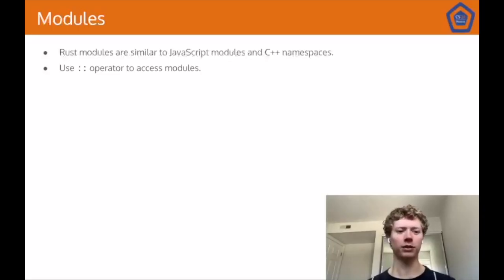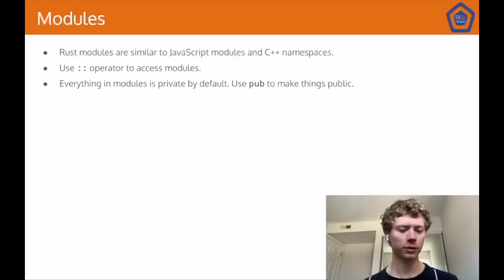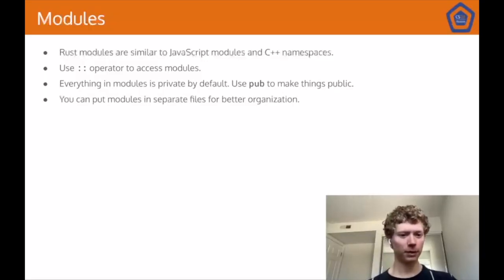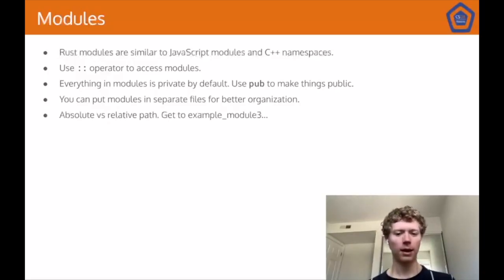And just like C++, you use the colon colon operator to access modules. Everything in modules is private by default, so you have to use the pub keyword to make things public. I think you're probably familiar with this. You can put modules in separate files for better organization, and you can access modules by using paths.